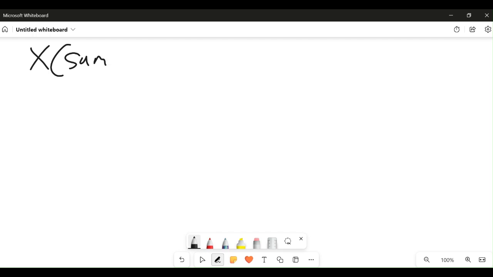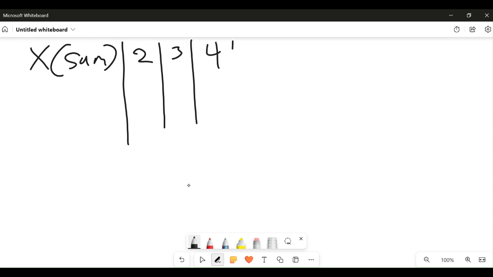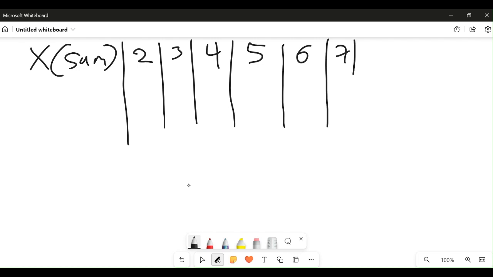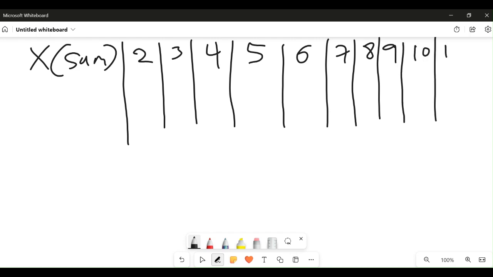The sum we are interested in, which is 2, 3, 4, 5, 6, 7, 8, 9, 10, 11, and 12.